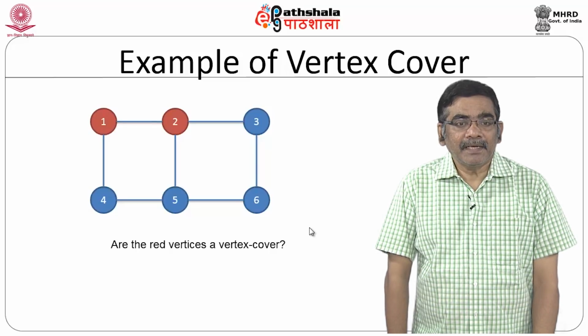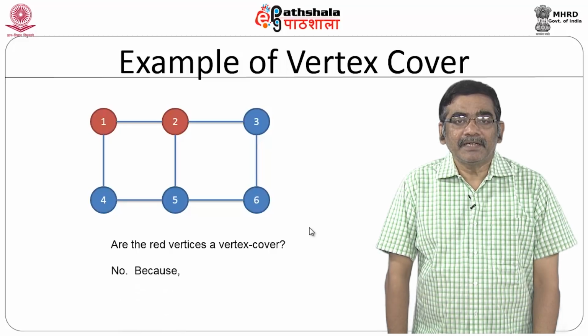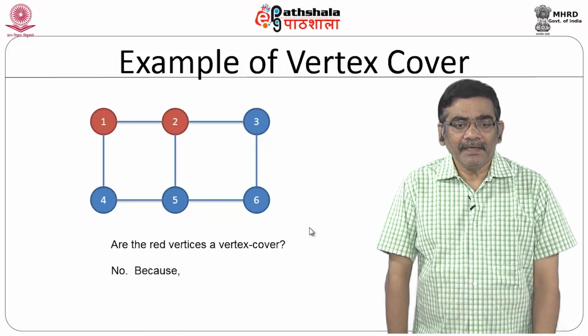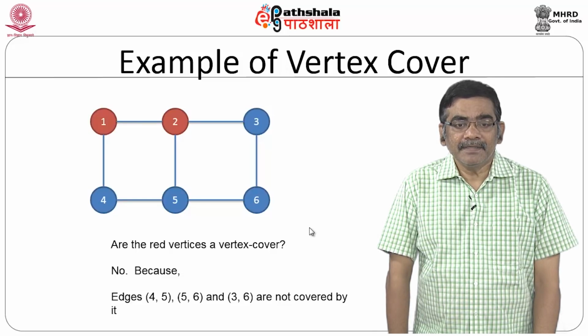So, hypothetically let me assume that vertices 1 and 2 are considered as the vertex cover. If the red vertices 1 and 2 are considered as the vertex cover, is it sufficient or not? Fine, it is not sufficient, because the edges 4, 5, 5, 6 and 3, 6 are not covered by the V prime.